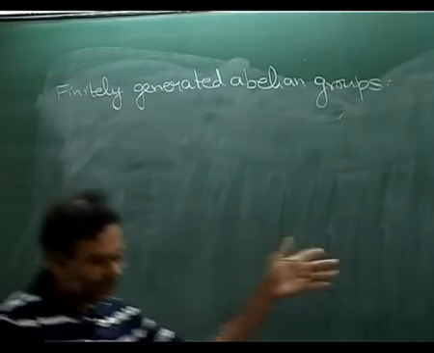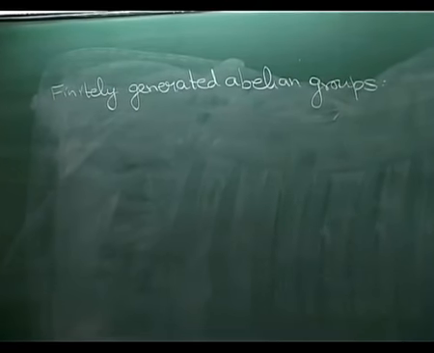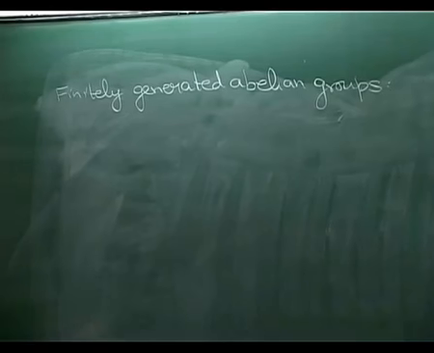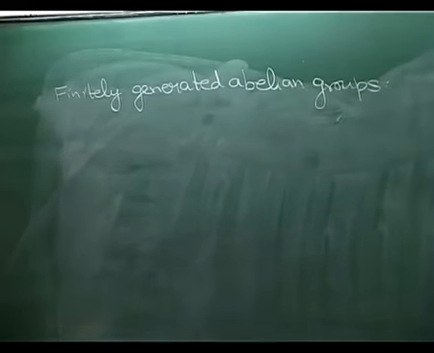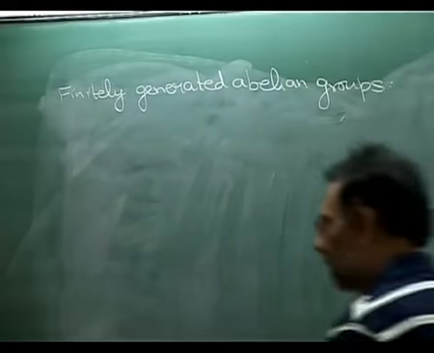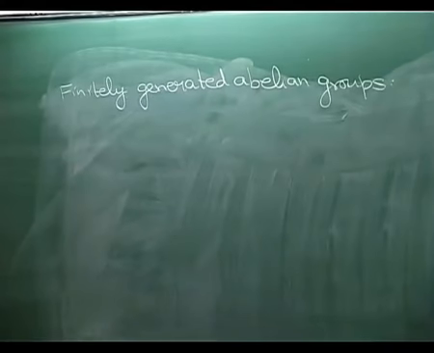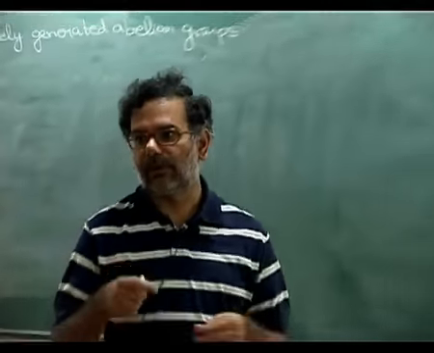But before I get into finitely generated abelian groups, let me get back to our list of examples. We had a small list of examples of abelian groups, and we would like to enlarge the class of abelian groups. One easy way of enlarging is to build new groups from old, and the easiest way of building new groups from old is the cross product construction.